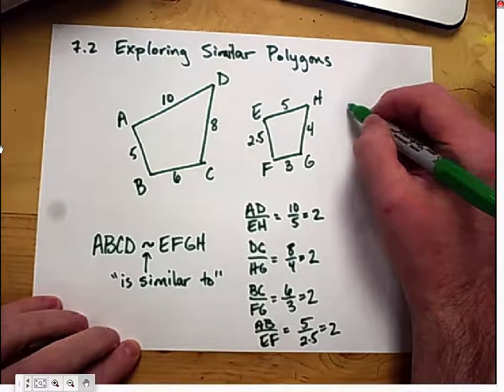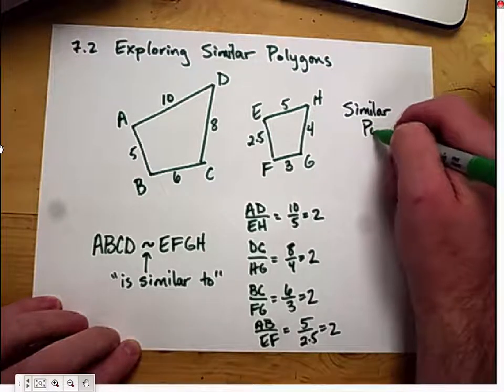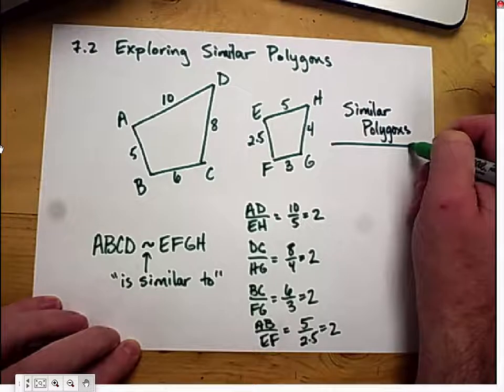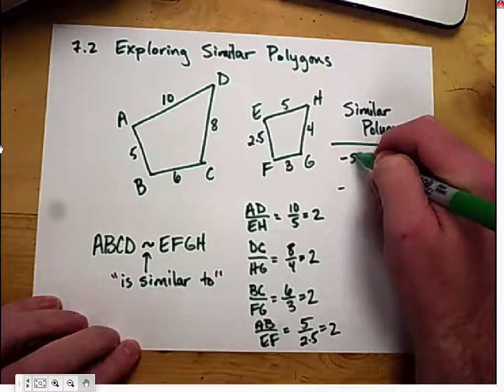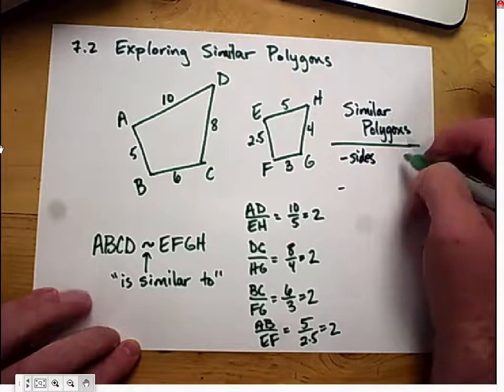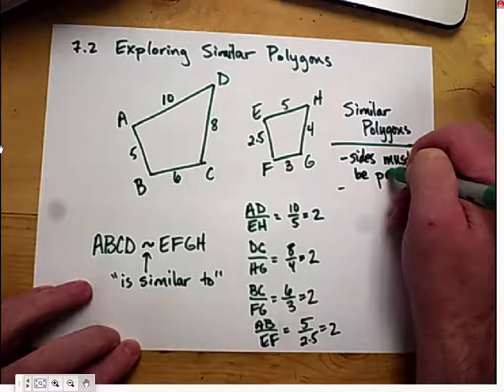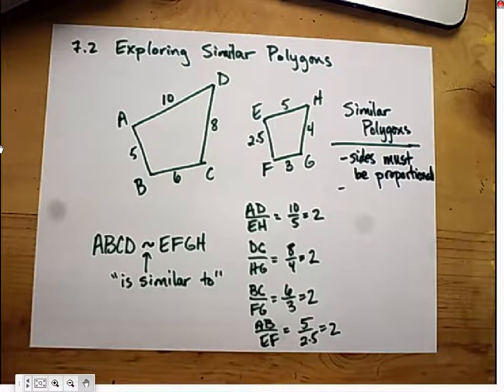So, similar polygons. If polygons are similar, two things have to be true. The sides must be proportional, which we talked about.